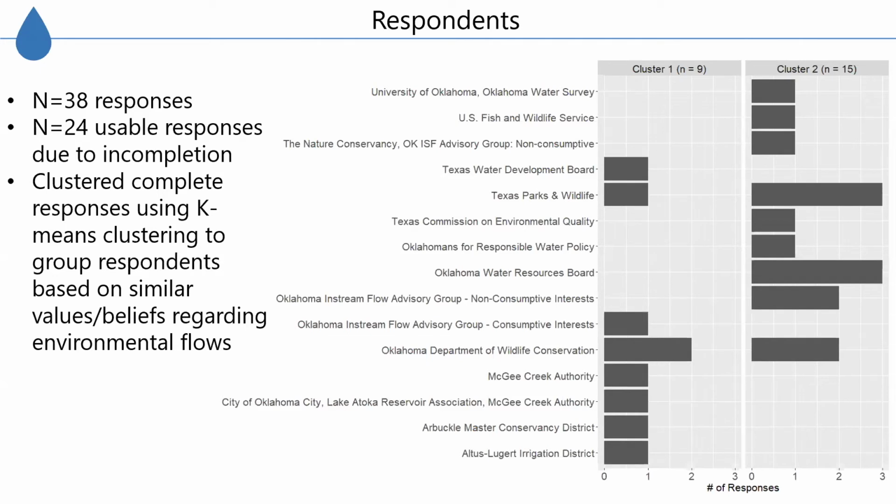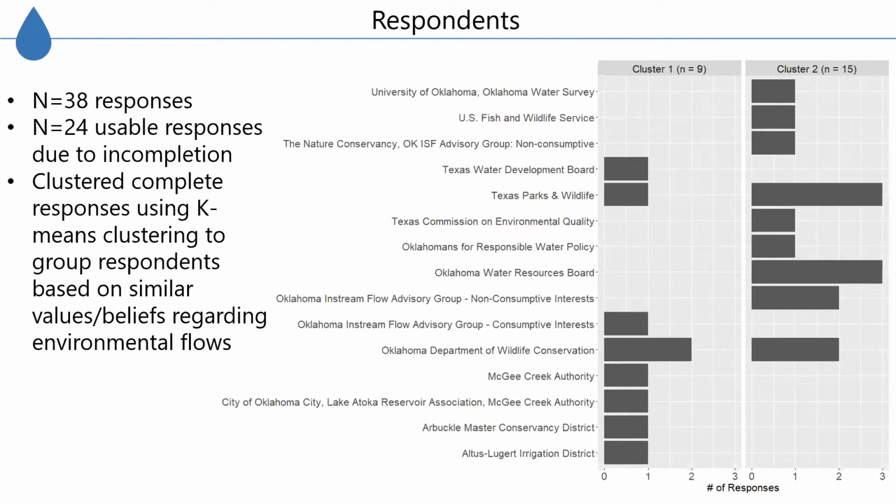We got around 38 responses, but we only had about 24 usable responses due to respondents not completing the survey. So we clustered those complete responses using a k-means clustering to sort of group those respondents based on similar values or beliefs regarding environmental flows.